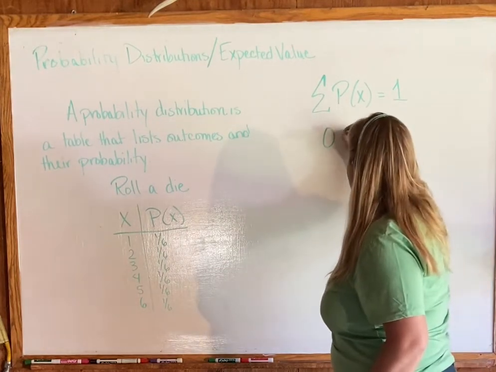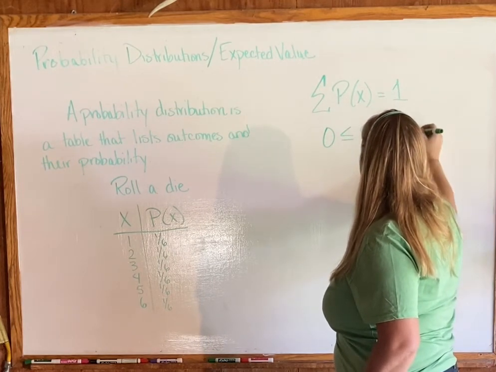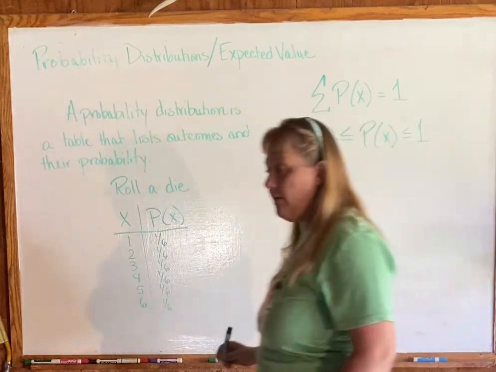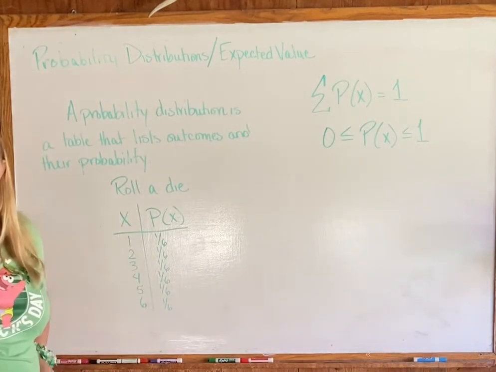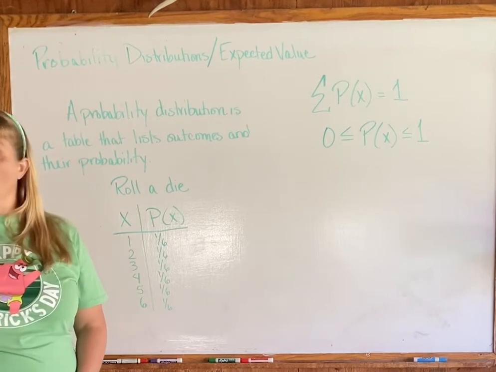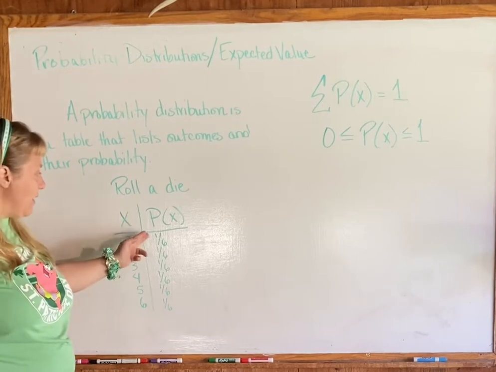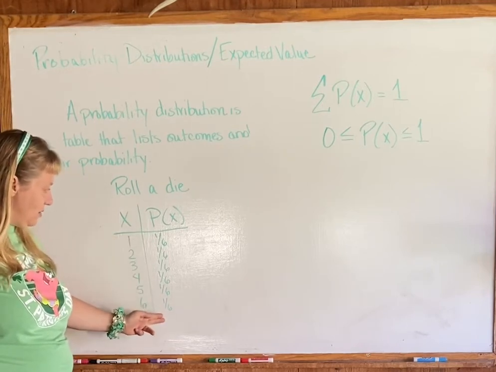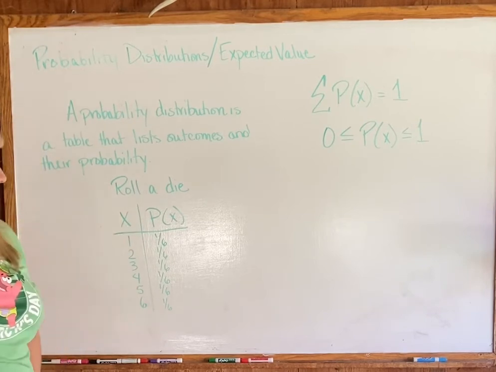So these probabilities will always be between 0 and 1. This falls back on our basic rules, where we know that there are no negative probabilities and no probability over 1 or 100%. So you can check that this adds up to 6 over 6, which is 1, and all of them are positive.